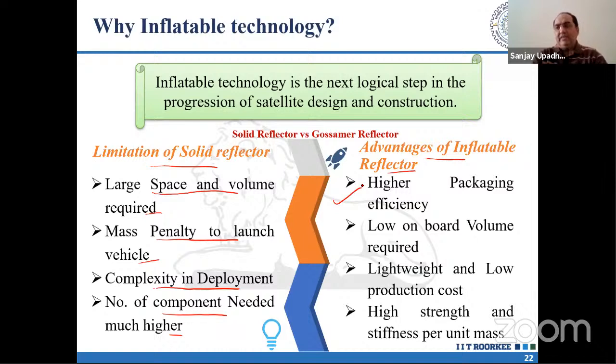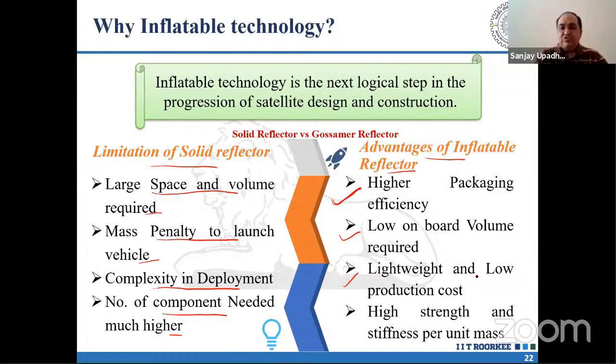Inflatable structures have higher packaging efficiency, meaning you can fold them at the ground station and inflate them when launched in orbit. They need low on-board volume and are very lightweight. As I told you, costing is based on per kg of mass, so being lightweight is essential.